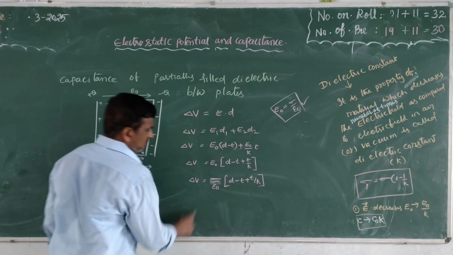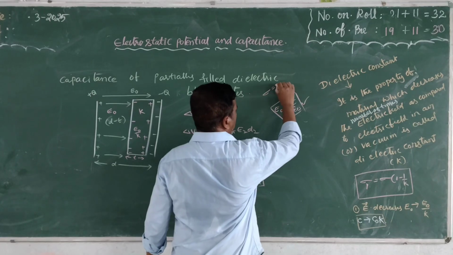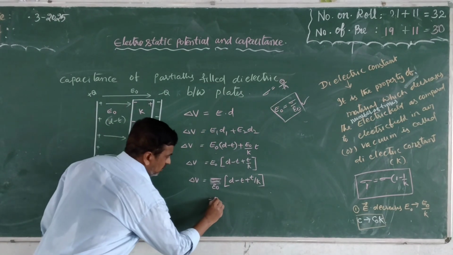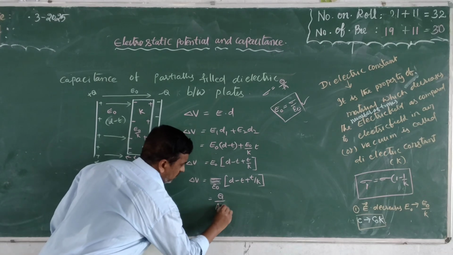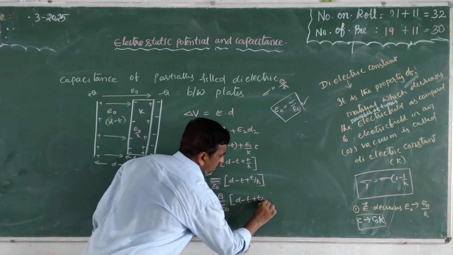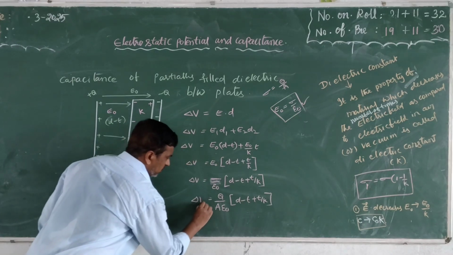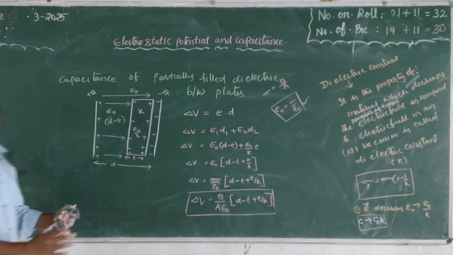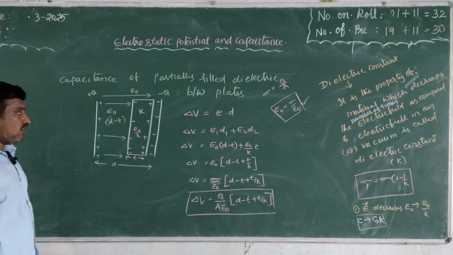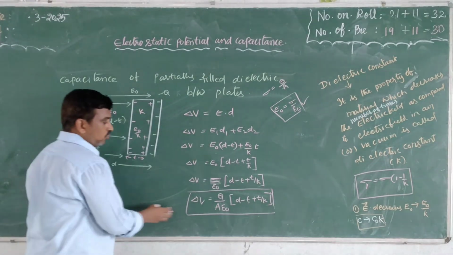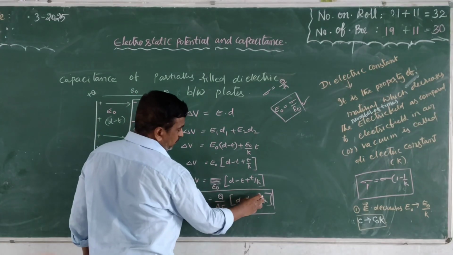Sigma is the surface charge density, charge per unit area. So delta V equals Q by A epsilon naught times (d minus t plus t by K). This is the change in potential between the plates when partially filled with dielectric.